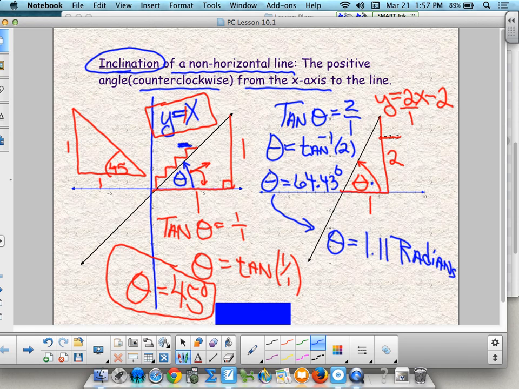Okay? And just a quick reminder, 1.11 radians, the 1 actually means 1 radian. And if you think about it, everybody, this is the radius of your circle, right from there to there. So really, radians is the distance around your circle. So the 1 is 1 radius.